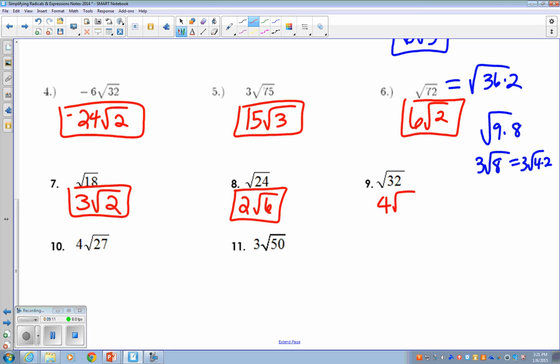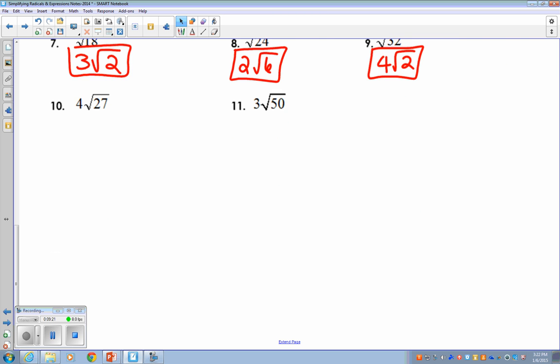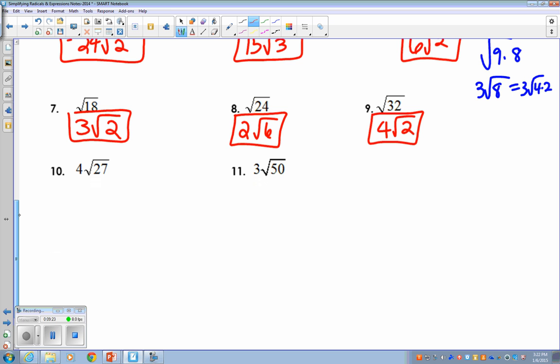Yep. 4 square root of 2. All right. 10. Christian, what you get? Yep. Jordan got 11? Yep. 15 root 2.